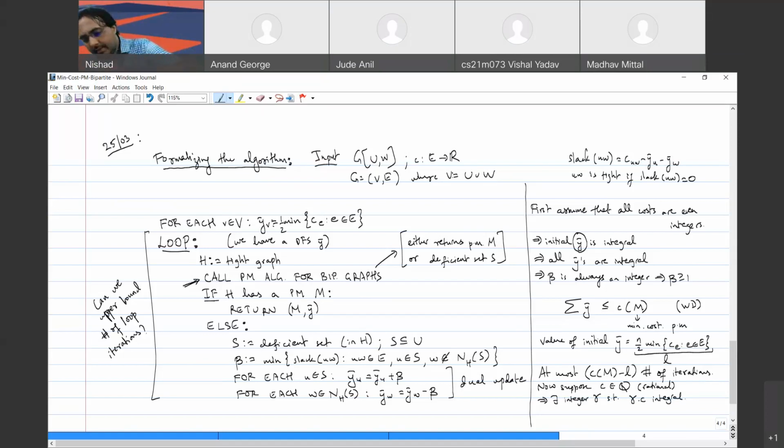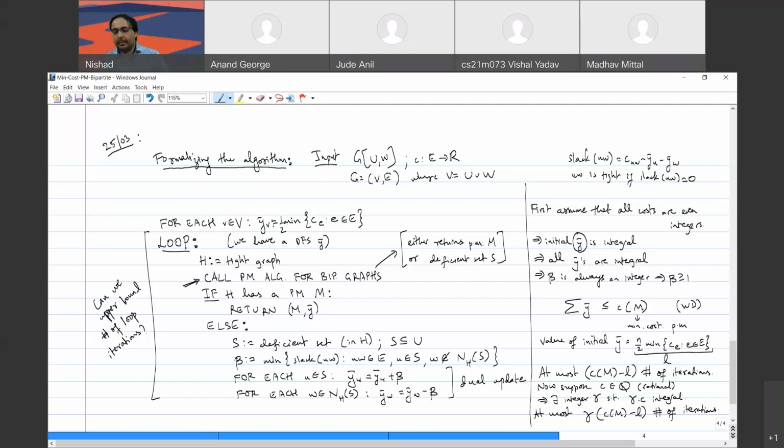So in this case, we will have at most gamma times the cost of the matching minus L number of iterations. Whatever gamma is, it depends on what rational numbers you have.